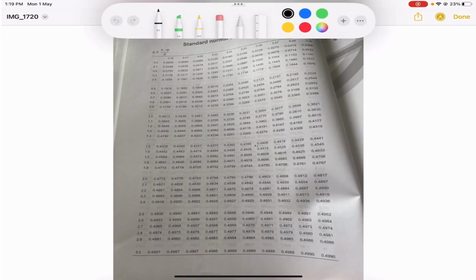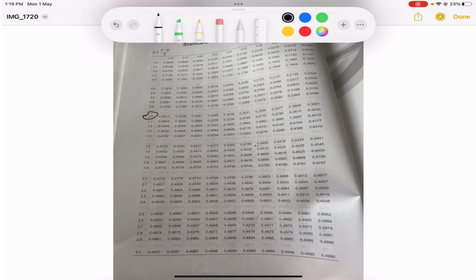So how am I going to find the value? See the picture. Find 1.0, then 0.06, and my corresponding value is going to be 35.54. That is how you're going to find it. I hope you got it.